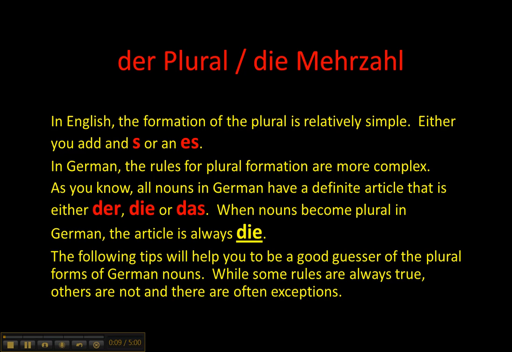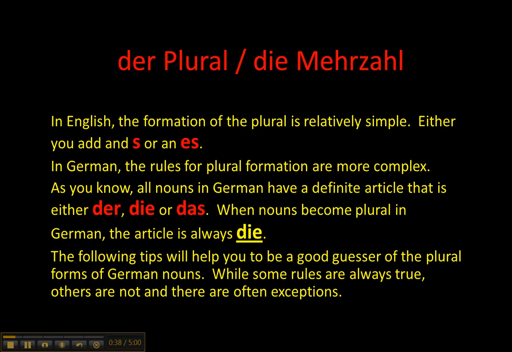So today we're going to talk about the plural, or forming the plural, in German. In English, this is relatively straightforward, although we have a lot of exceptions in English as well. But basically, you'll add an S or an ES onto the end of the word. In German, there are a few more rules for plural formation, and as with a lot of these rules, there are also exceptions to the rules, and some of those exceptions are quite common words, so you need to be careful.